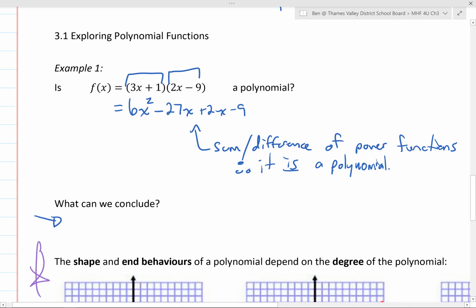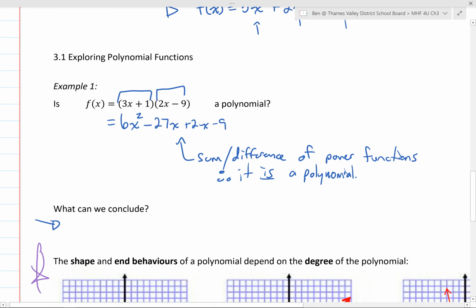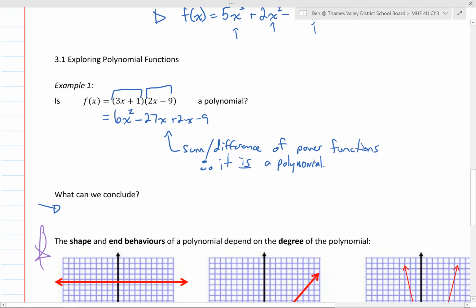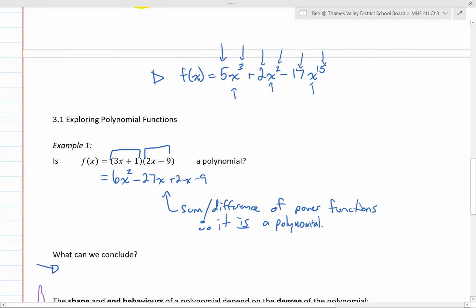A product of polynomials will still be a polynomial, where product is the result of a multiplication problem. We'll go into greater detail there later.